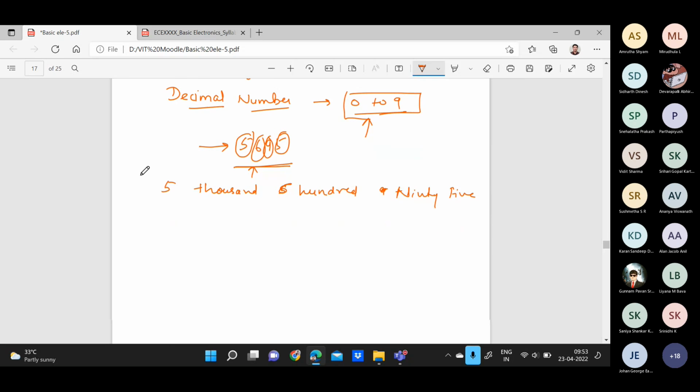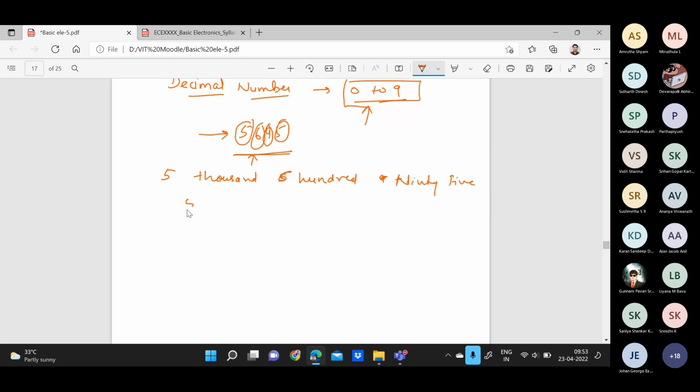Now I can also write it like this: 5 into 10 raised to power 3 plus 6 into 10 raised to power 2 plus 9 into 10 raised to power 1 plus 5 into 10 raised to power 0. Understand? So this is how we have written the number 5695.